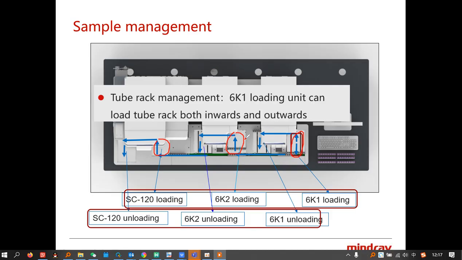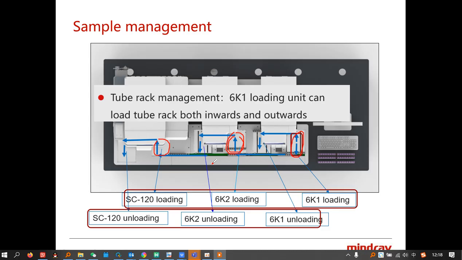But if we put the racks here, the check modules can only load the racks inward, so it can only distribute the racks to the 6K2. And the same, if we put the rack here, only the SC can test the sample.